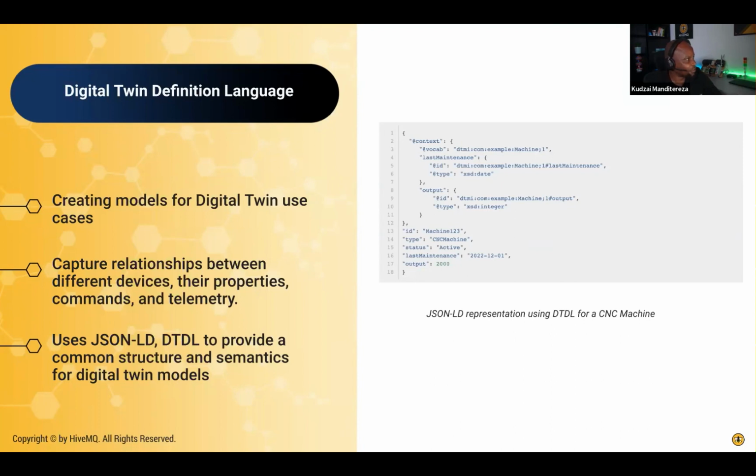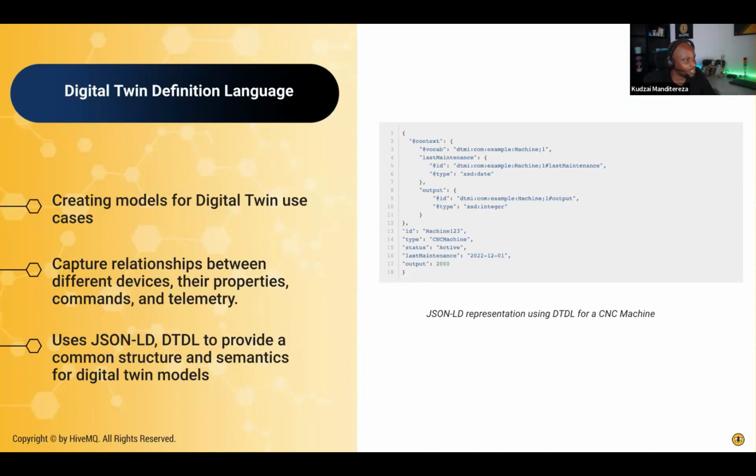The digital twin definition language really is mostly for digital twin use cases. So if you want to create models that represent different machines and components in a way that interconnects all these different systems into that one big picture, what you'd call a digital twin, this is the standard you'd want to look at.